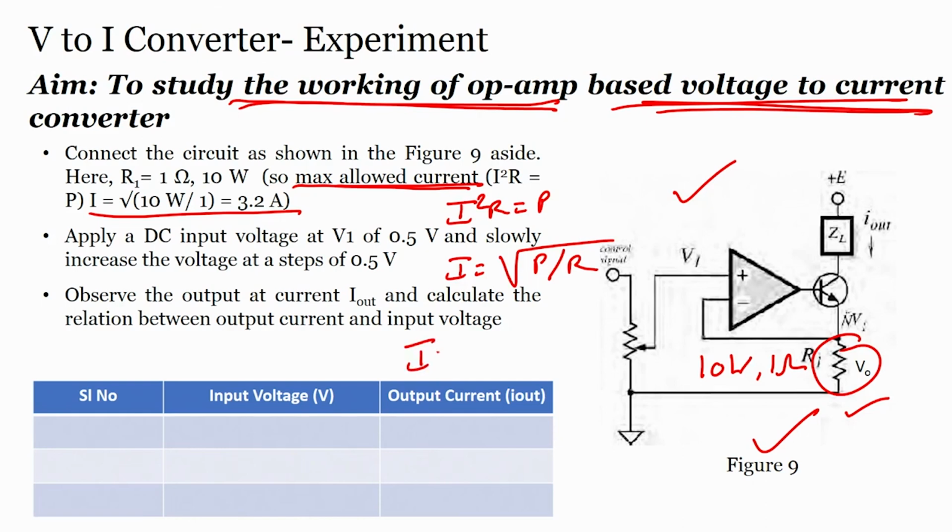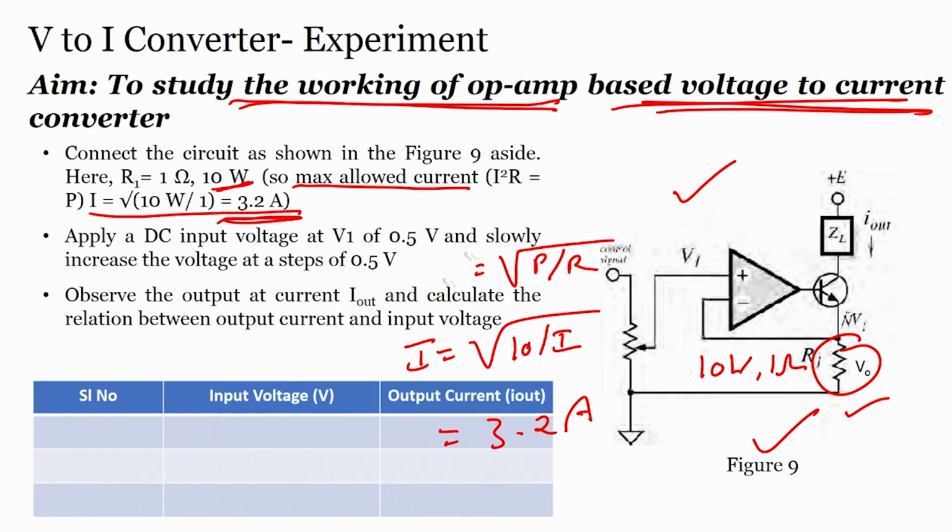Power is 10 watt, resistance is 1 ohm. So, 10 by 1. If you do this simple mathematics, you will understand I would be about 3.2 ampere, which is the current, alright. So, this we know, alright.